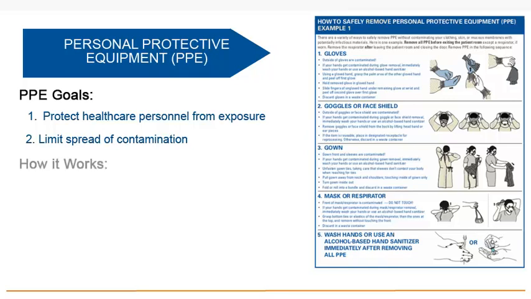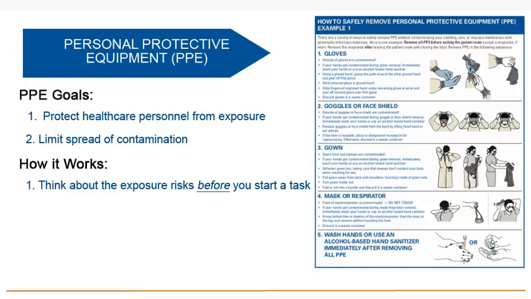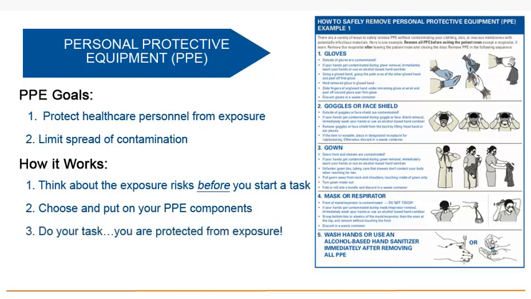There are 4 steps when you think about how PPE works. Step 1, think about the exposure risks before you start a task. Second, choose and put on the PPE components that will protect you. Third, do your task. You are now protected from exposure. And fourth, remove your PPE without contaminating yourself.